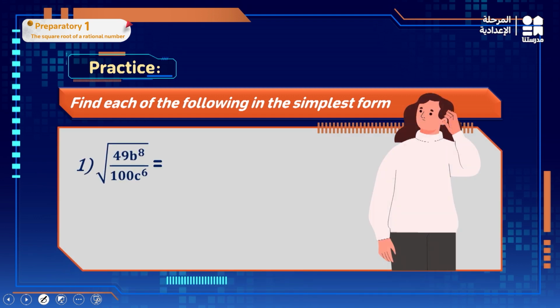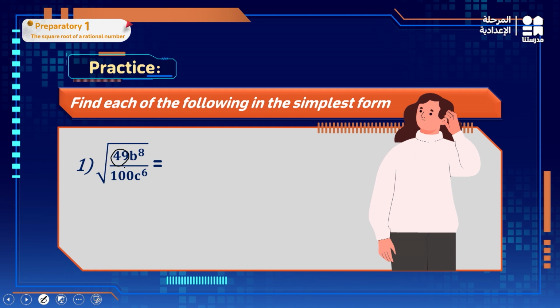Number 1, the square root of 49b to the power of 8 over 100c to the power of 6. Let's think about the numbers first. The square root of 49 is 7, because 7 times 7 is 49.